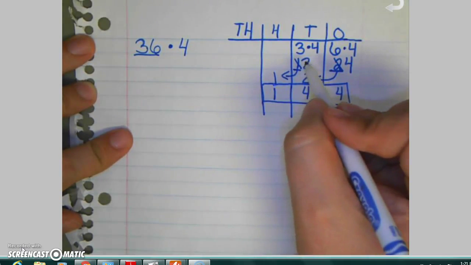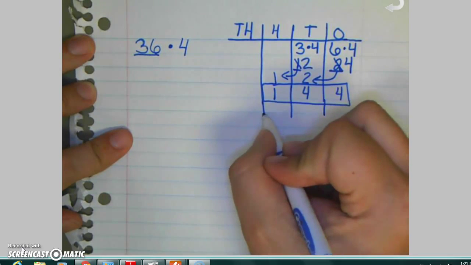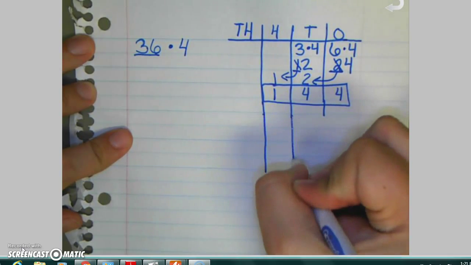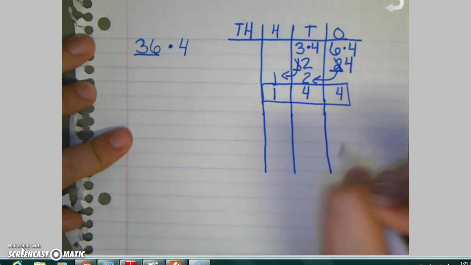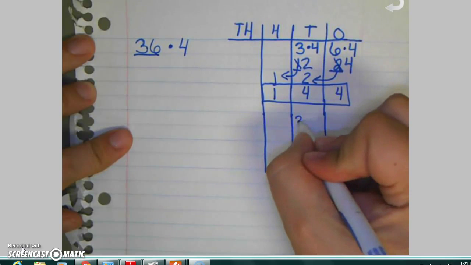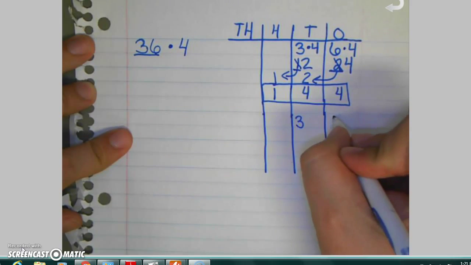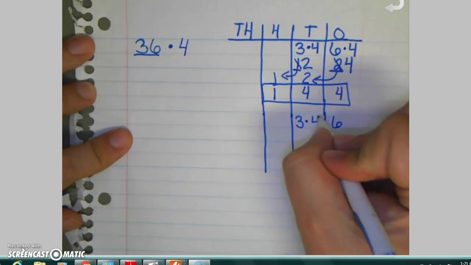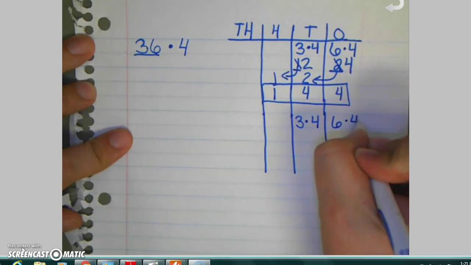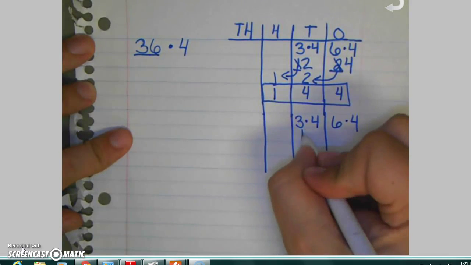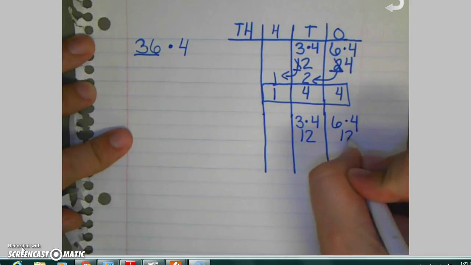Another way I could have looked at it, using the place value chart, setting up the same numbers, 3 tens, 6 ones, multiply each by 4. I could have said, well, here is still 12 tens, and here is 24 ones.